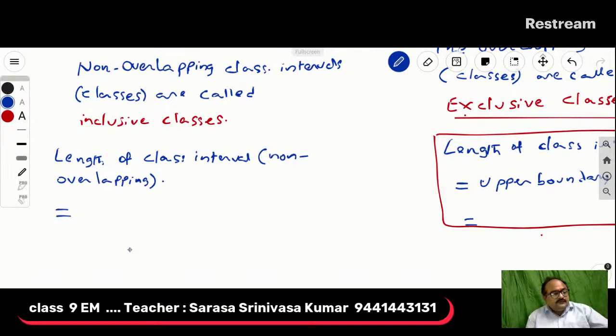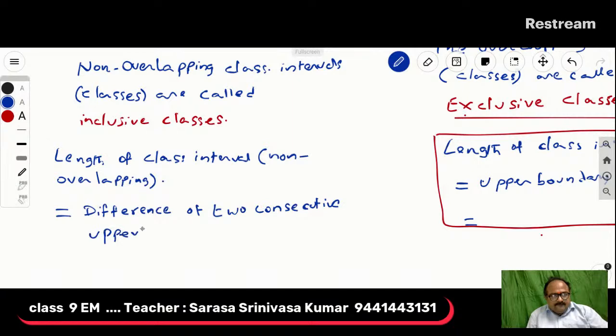It is equal to the difference of two consecutive upper limits or lower limits.